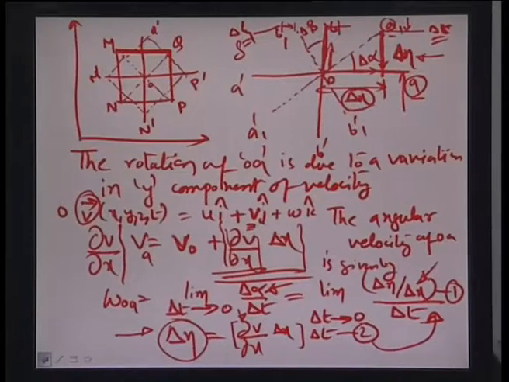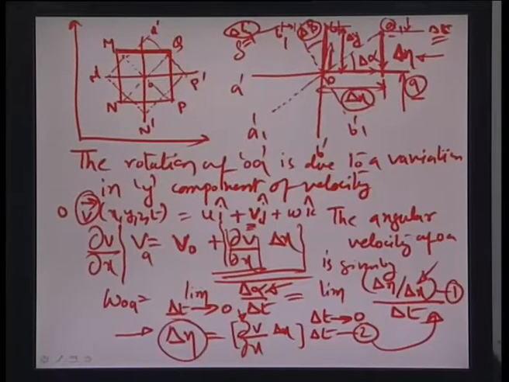It has become too crowded here, but you can say that this distance from here to here is delta y. And this distance is delta zeta as we have indicated, and the angle moved is delta beta.